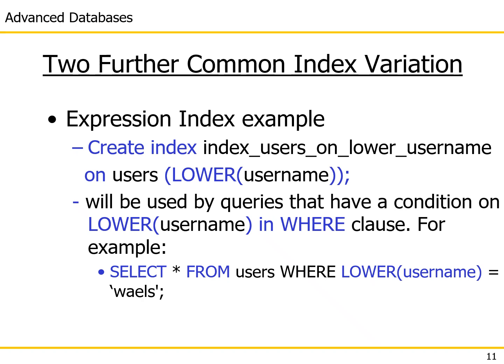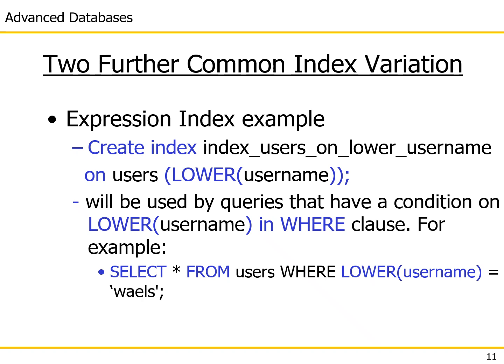Okay? Now, this is actually one part that students always get confused about. So let's go really slowly here. We need to understand what gets stored in the index. And to understand that, let's read the next point. It says the index will be used by queries that have a condition on lower username.